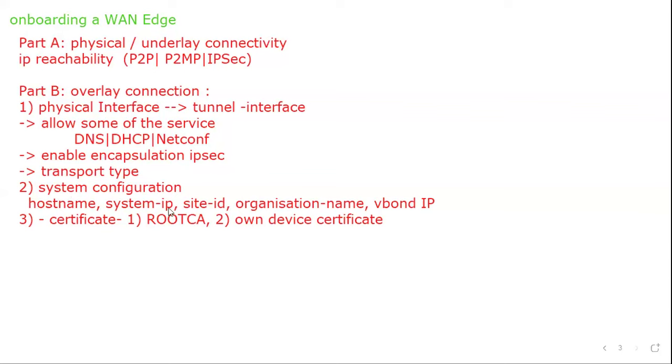System IP is a kind of IP which is used as a router ID. Site ID is a numeric number given to the site where we are keeping this WAN edge. Organization name is a domain name, and vBond IP is the IP address of the vBond to which this device has to reach for authentication and authorization. Got it. Thank you.